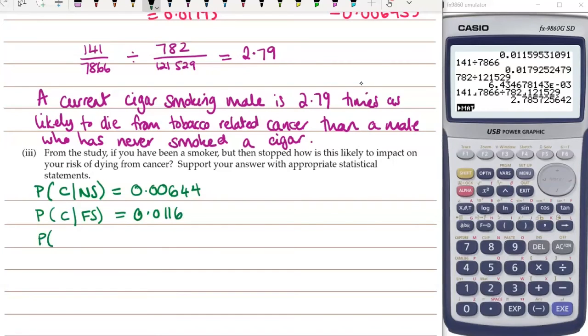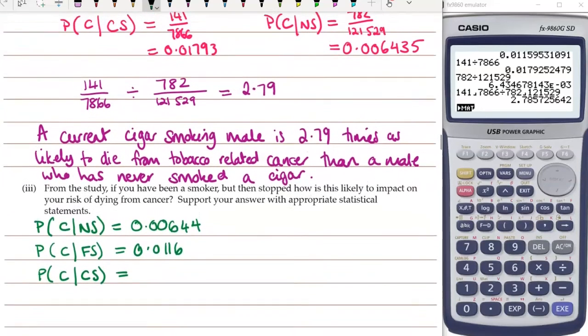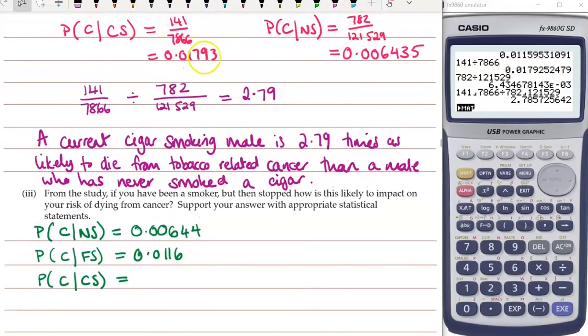And the probability of dying from cancer, given that you're a current smoker, we had just worked out in this one up here. So that's 0.0179. And you can see those probabilities increase as we go up each of those categories.